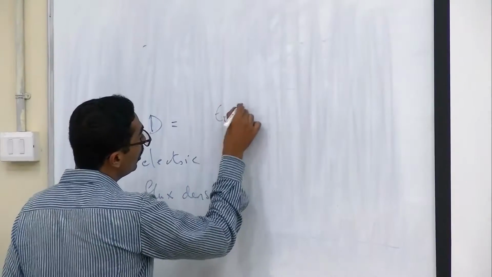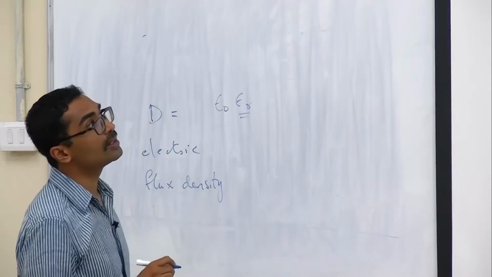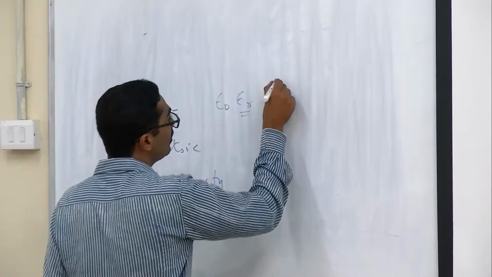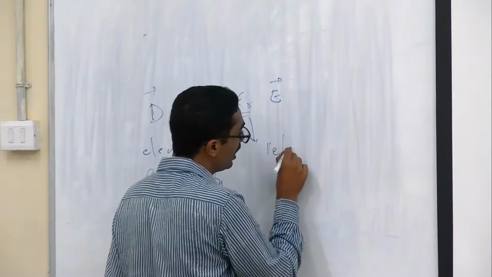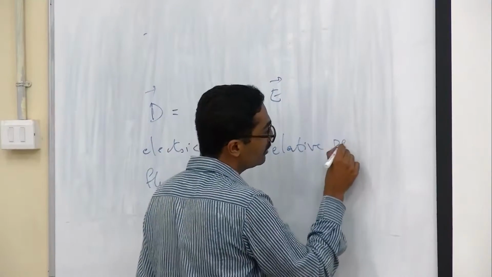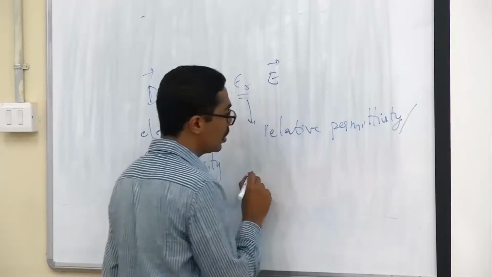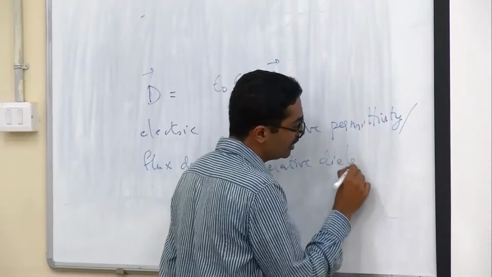But D, which is the electric flux density, will be epsilon naught, epsilon R, which is called the relative dielectric constant, or the relative permittivity, into electric field. This is a vector, this is a vector.